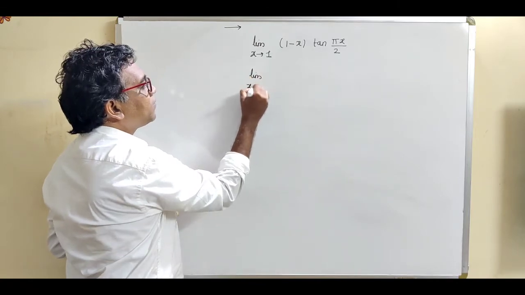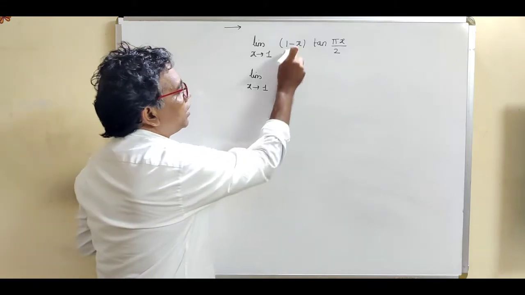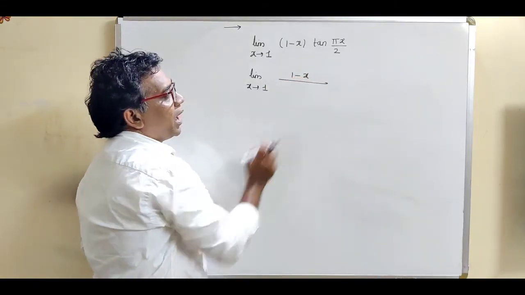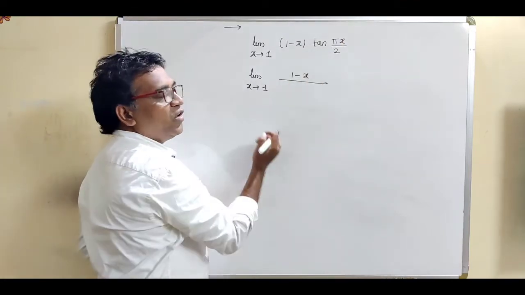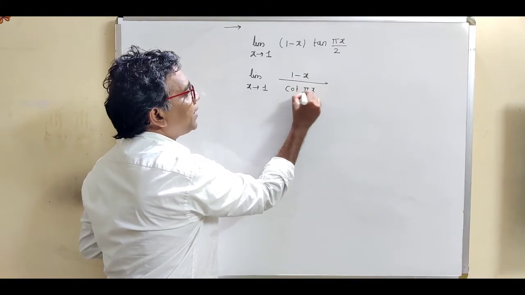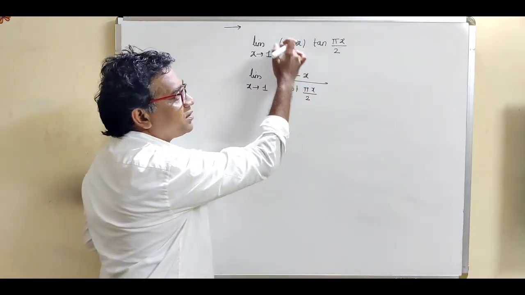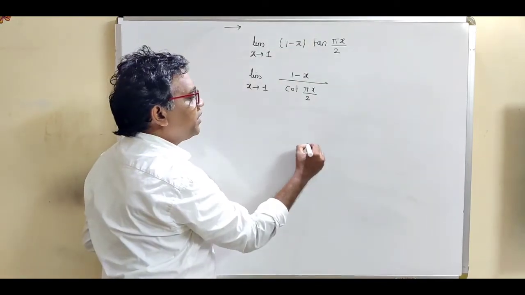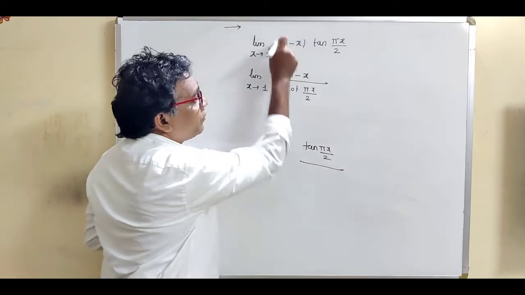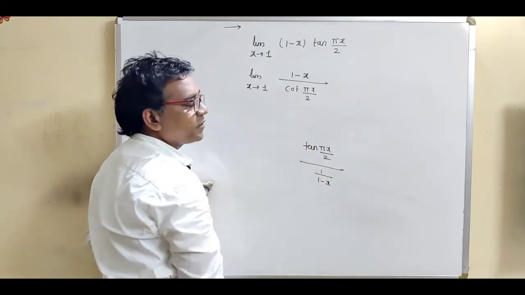So this is limit x tends to 1. Now write down this first term as it is, 1 minus x, and if we transform this second term in denominator, then this tan becomes cot pi x divided by 2. What is the method? Either transform this first term in denominator, so this is the form tan pi x divided by 2, then it will be 1 upon 1 minus x.